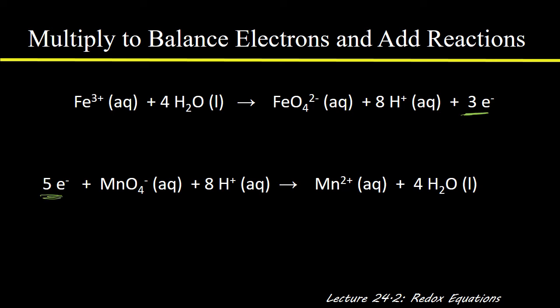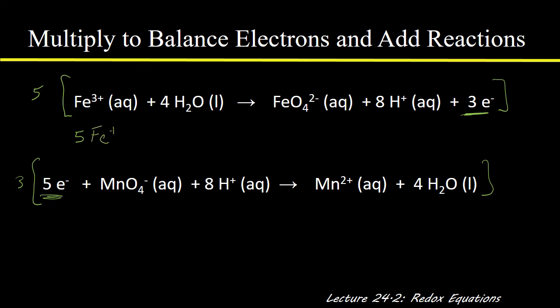What we're really doing is trying to find the least common multiple. Something you did probably in 2nd or 3rd grade. The least common multiple of 3 and 5 is 15. So we'll take this reaction, multiply it by 5. We'll take this reaction and multiply it by 3. And that's going to give us, very carefully, this reaction.